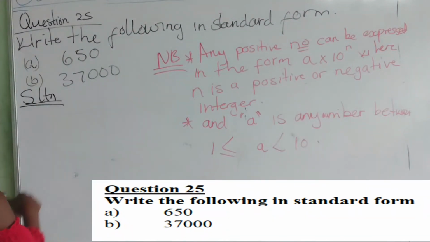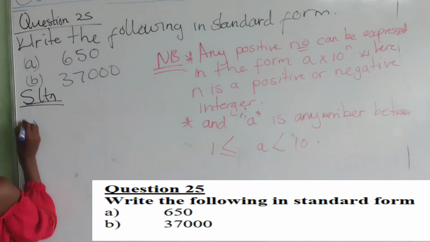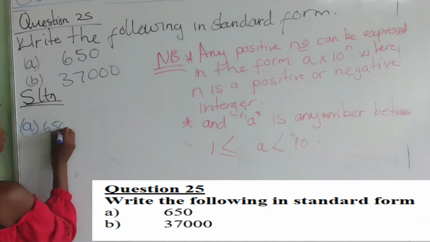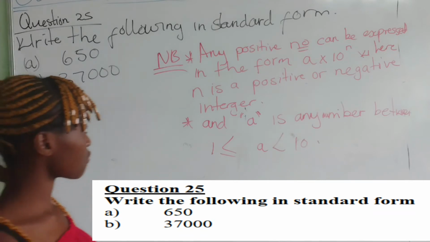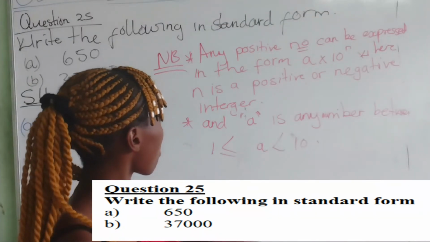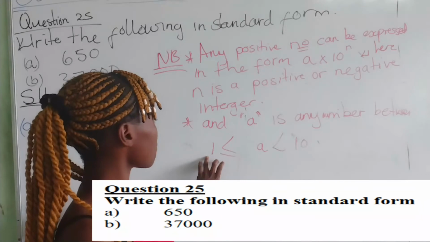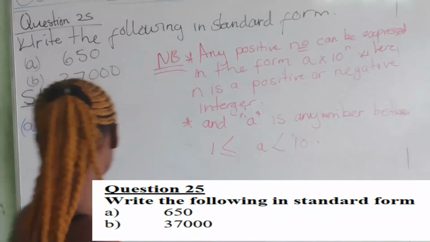Okay, so for solving part A, 650, we were asked to put it in standard form. Okay, so for our a, it has to be within the range 1 and 10.